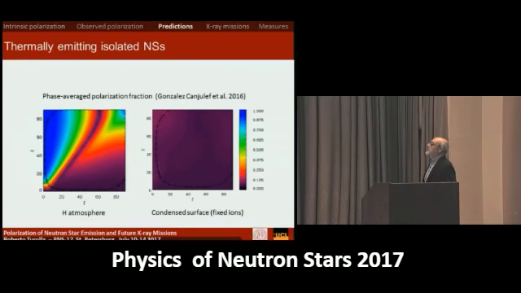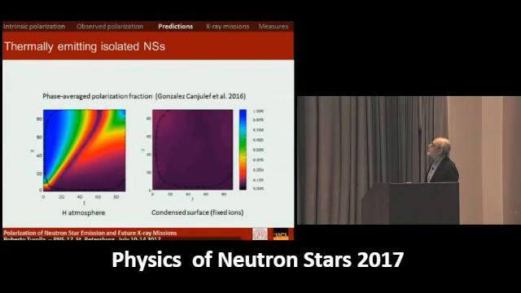This is the polarization fraction observed at infinity in the case in which the neutron star has a fully ionized, magnetized hydrogen atmosphere. Please ignore this line here. I will discuss this later.